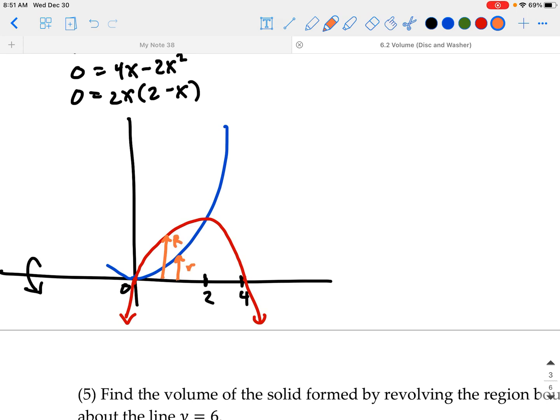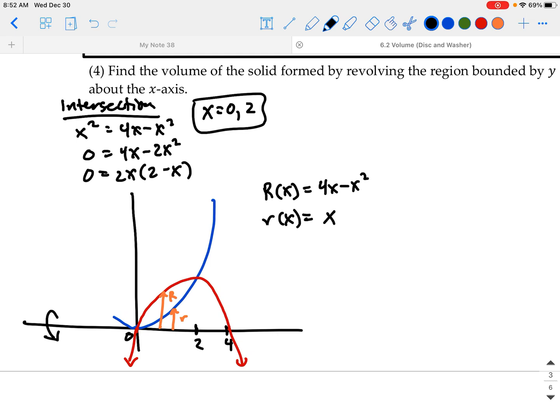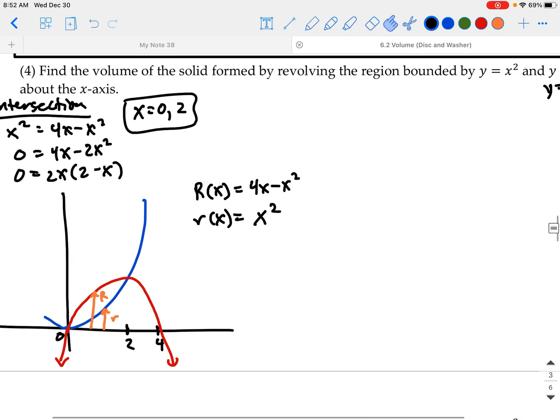So maybe we'll put a little r, capital R here. And we'll just note, capital R of x is going to be 4x minus x squared, and then little r of x is our blue curve, which is just x squared. All right, so now we've got everything we need for our volume. Now we just need to write it and then work it out.